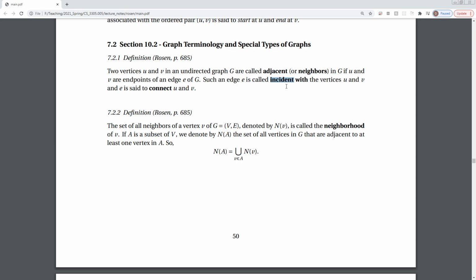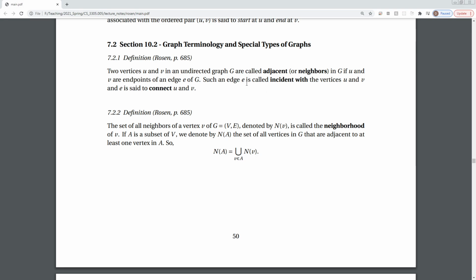And so I like incident because whenever you consider physical cable running and connecting nodes across cities, if there's an accident or whatever, the incident occurs on the cable. Anyway, that's a different context for the word.